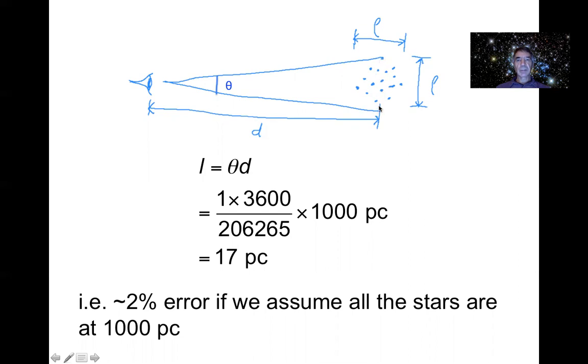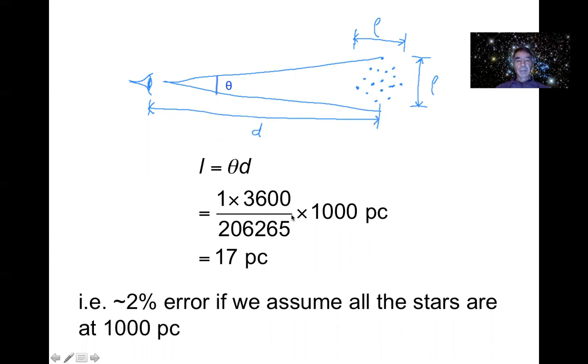This is the small angle approximation. It just comes from the definition of radians themselves. If you go back to the definition of a radian, if this was a little arc here, then the length of that arc would be theta in radians times the radius of the circle, which is the distance d in this case. So that's where this formula comes from.